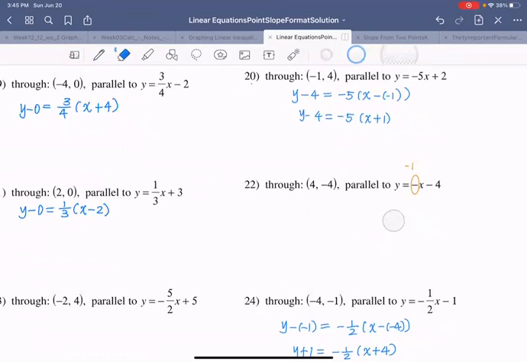Lastly, let's do 22. y minus -4 equals -x. No. Who is this guy's slope? Who is this? -1. Yes.